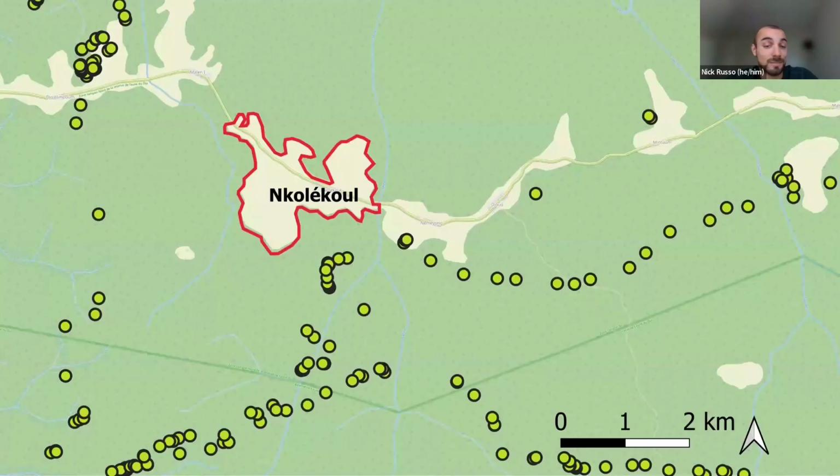Now, as you can imagine, our hornbills went far and wide, and this village of Nkolekul, which is one of our partner villages in this research from both research and outreach, there was one hornbill that we tagged that visited the community forest of Nkolekul about 12 kilometers away.